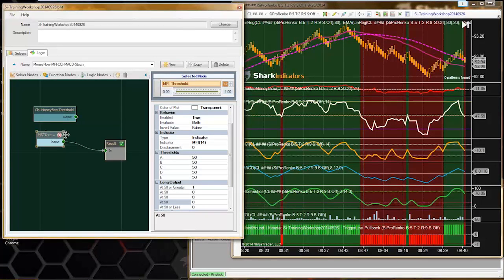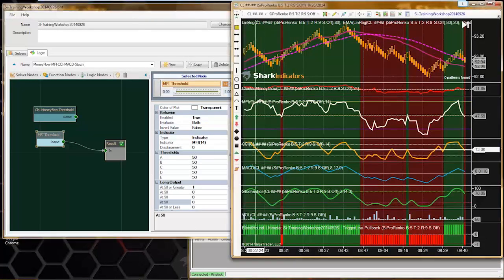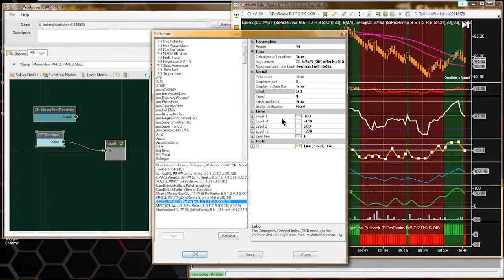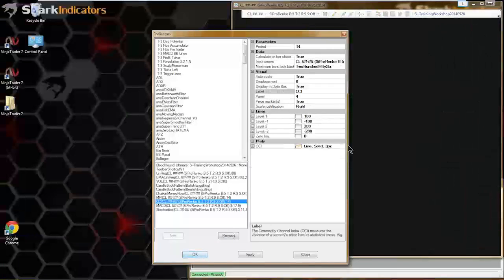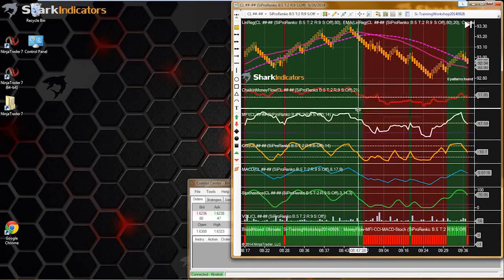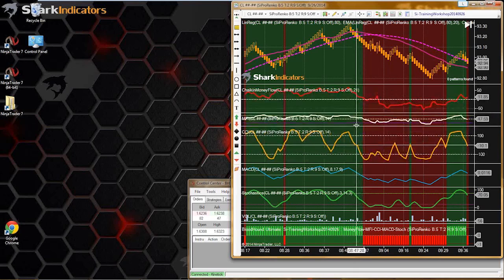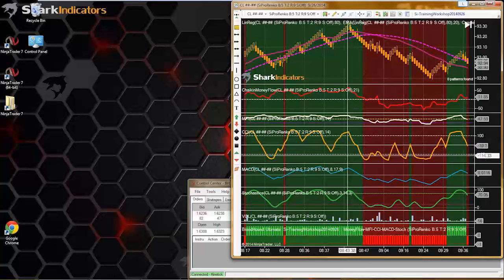Alright, next, let's look at the CCI. There you go. I'll make the lines a little thicker on the CCI. Alright, so on the CCI, right, the dashed lines, we can see the dashed lines are the 100 and negative 100.